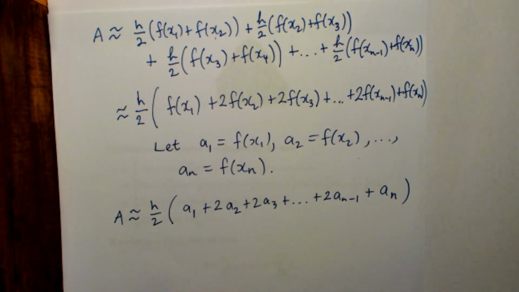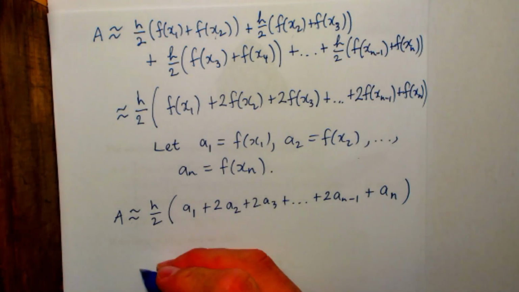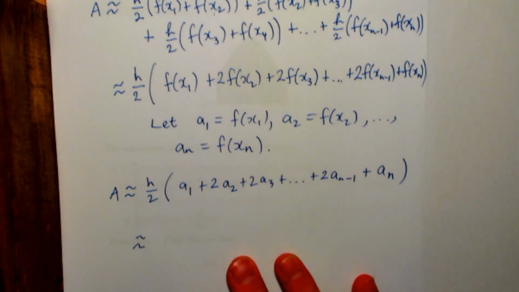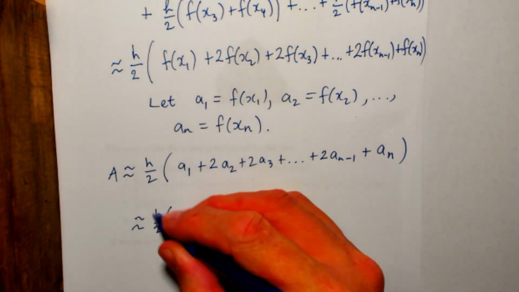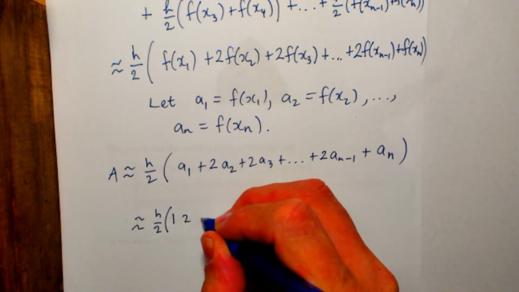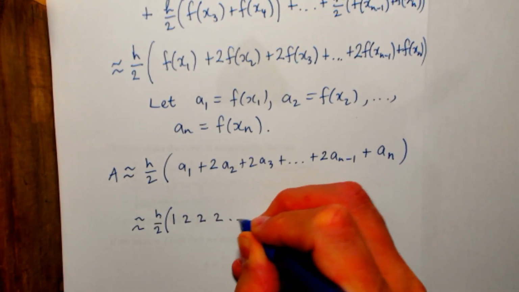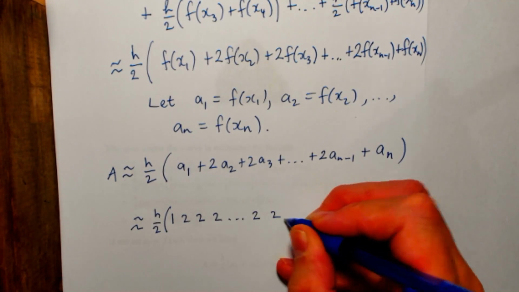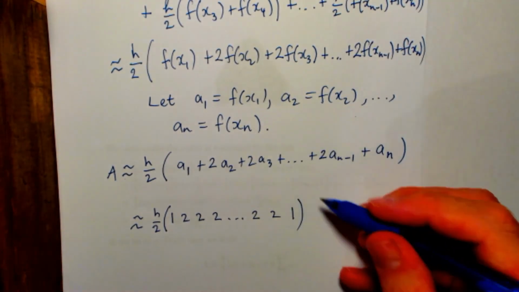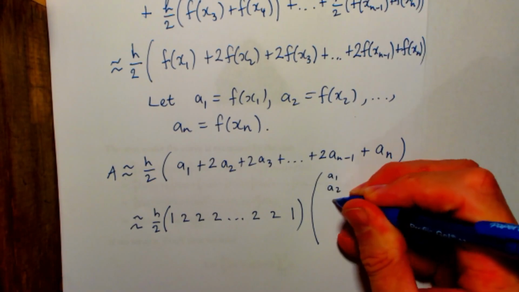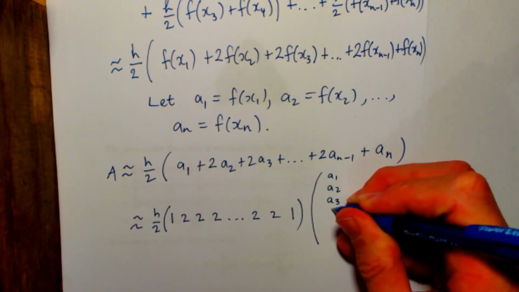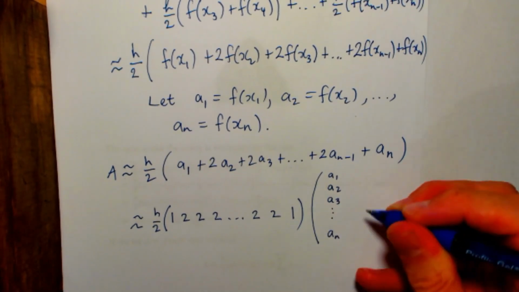Okay, so given that, can we express this using a matrix multiplication? And the answer is yes. Right, because we can write this as h on 2, that's a scalar, times the matrix 1, 2, 2, 2, dot, dot, dot, 2, 2, 1, etc., multiplied by the column a1, a2, a3, dot, dot, dot, up to an.